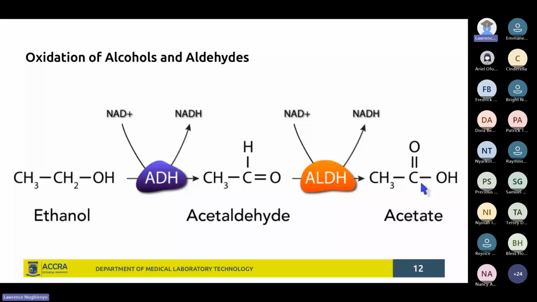Okay, somebody is asking, is this reaction reversible? I think the reaction from acetic acid to acetaldehyde can be reversible. But I know the reason you're asking is, for instance, maybe you have acetic acid produced in the body.